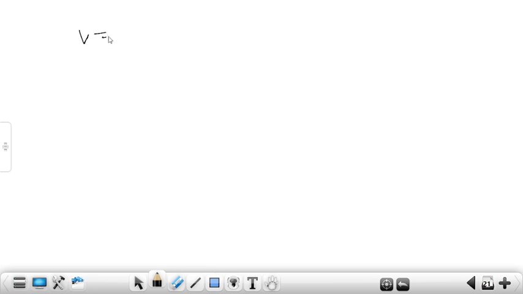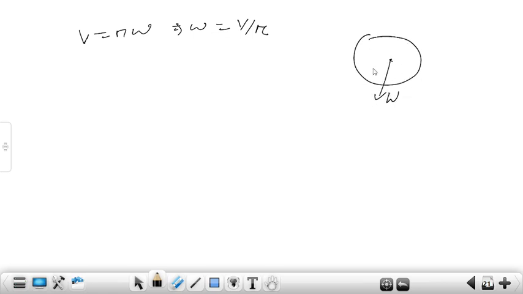We know velocity is equal to r omega, and omega is equal to v by r. This is the cylinder, acting W, and this is the omega, this is the velocity.